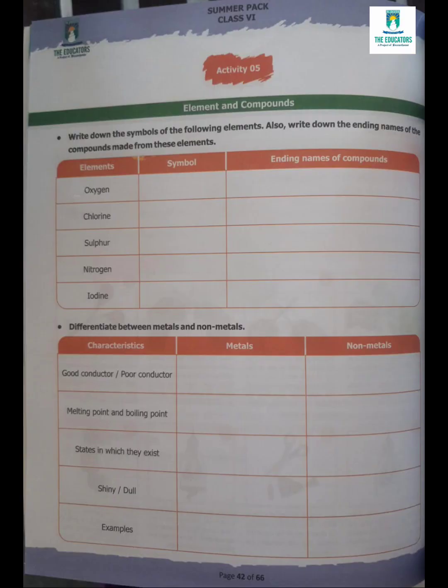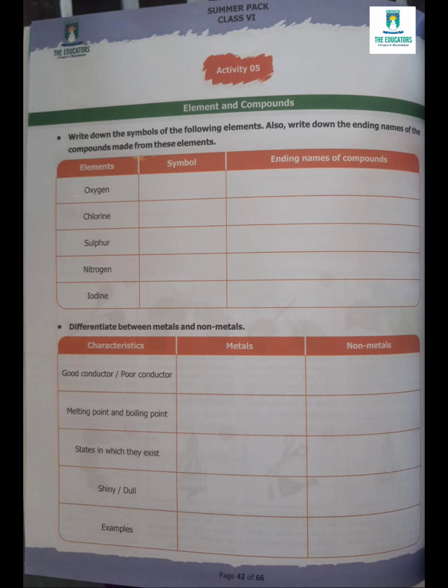Activity number 5, elements and compounds. First question is, write down the symbols of the following elements. Also write down the ending names of the compounds made from these elements. As we have learned in the book, the symbol for oxygen is O and the ending name of the compound formed by oxygen is oxide, for example, carbon dioxide.